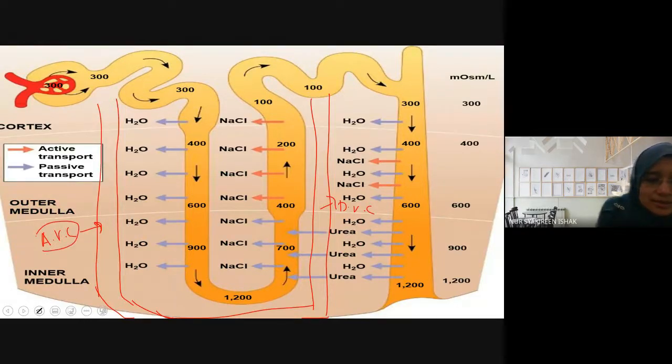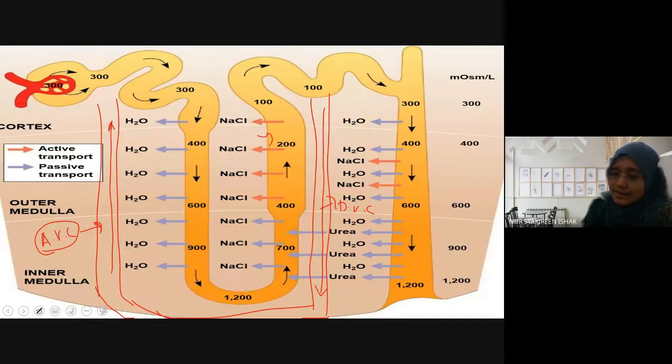Ascending vasa recta is when blood flows in the opposite direction as the filtrate. Blood flow ke atas, naik balik. Descending, blood flows ke bawah, opposite direction as the filtrate in the ascending loop of Henle. So tengok bila darah dia turun kan dekat descending limb of loop of Henle, nampak kan sodium chloride ni keluar daripada filtrate.